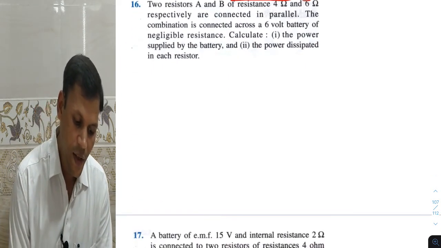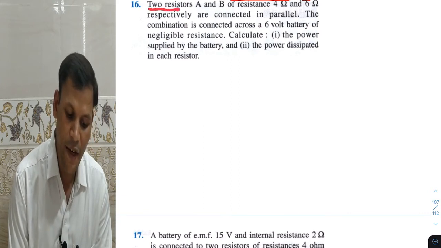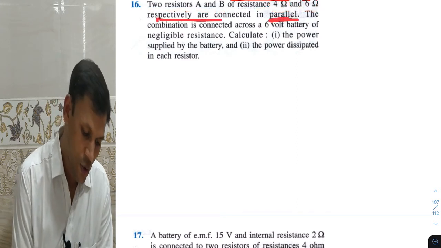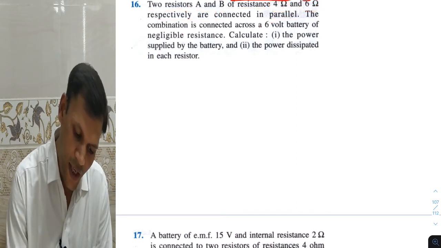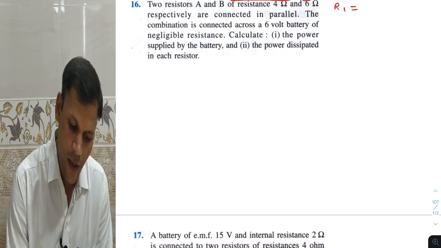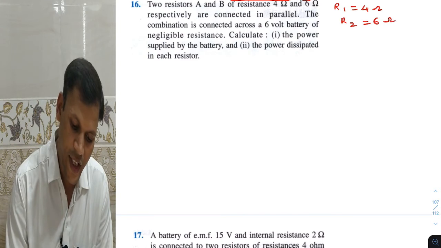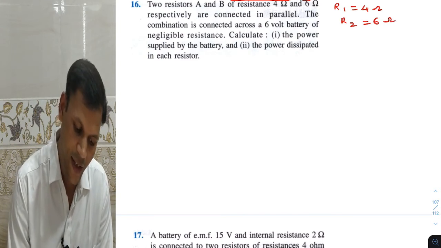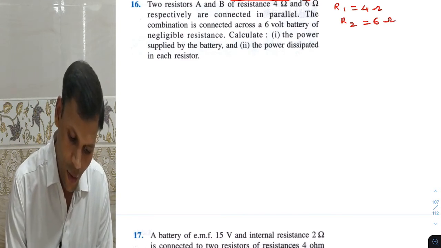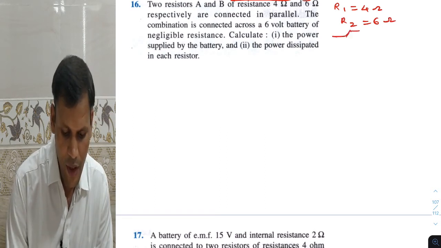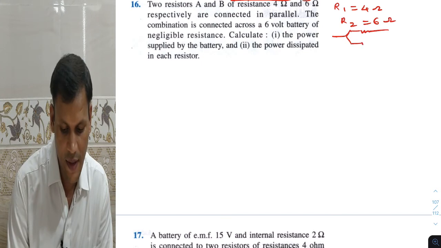Next is question number 16. Two resistors A and B of resistance R1 and R2 respectively are connected in parallel. Given R1 is 4 ohm and R2 is 6 ohm. They are connected in parallel. So as they are connected in parallel, we will calculate their net resistance.